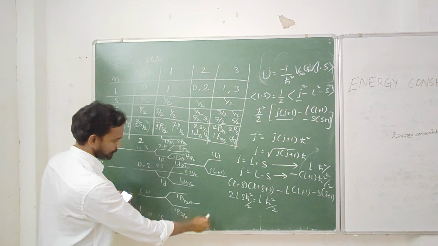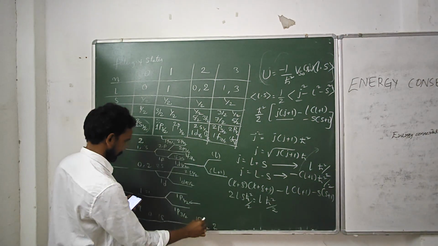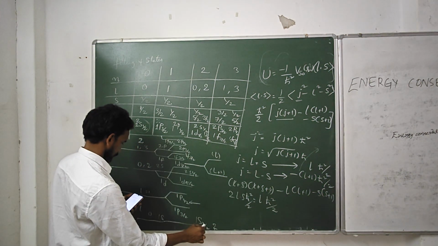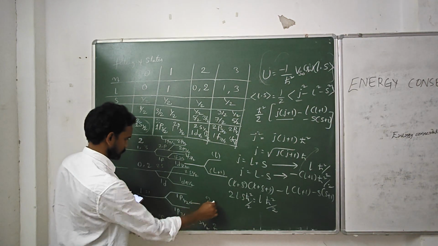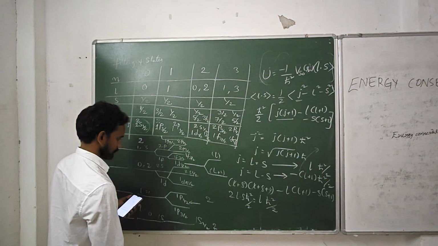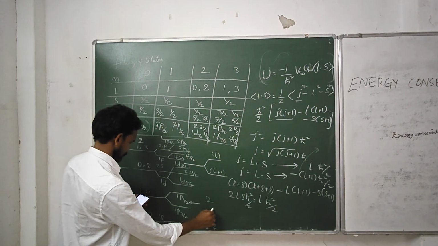So filling of levels, here it is 2, and for 3 by 2, here it is 4.